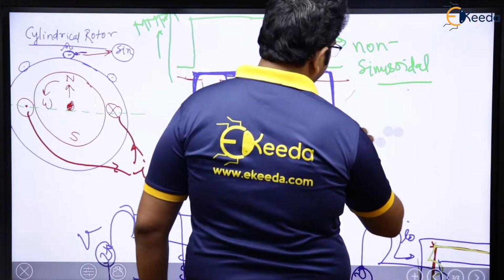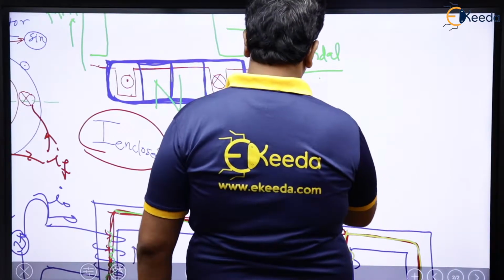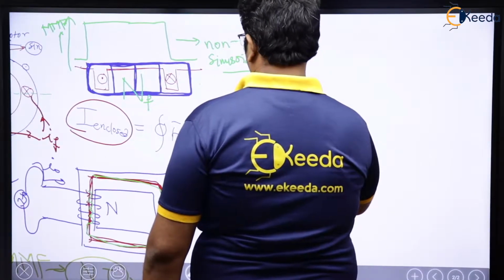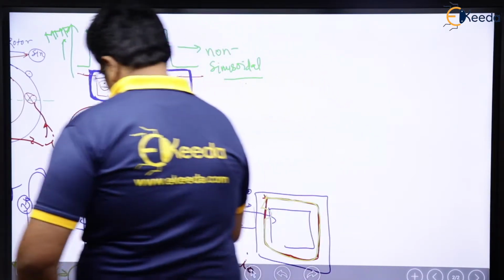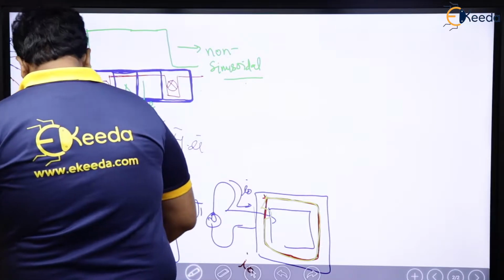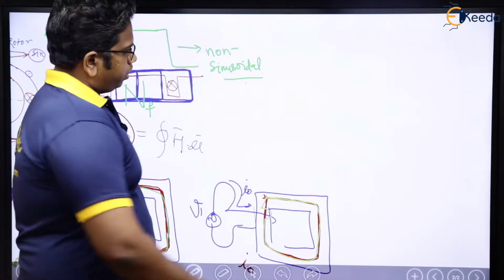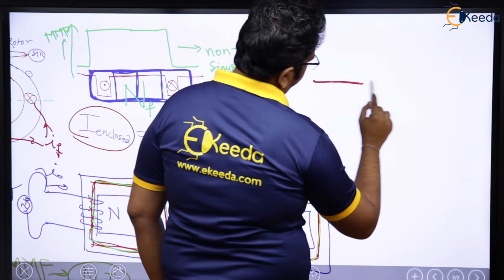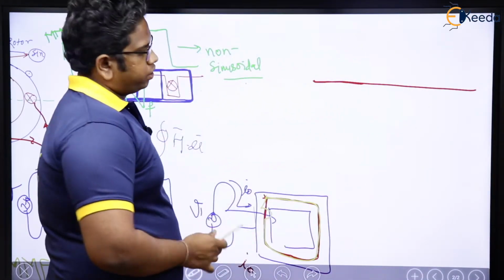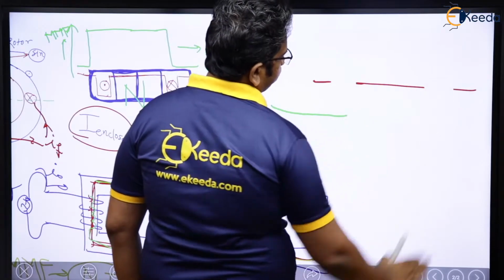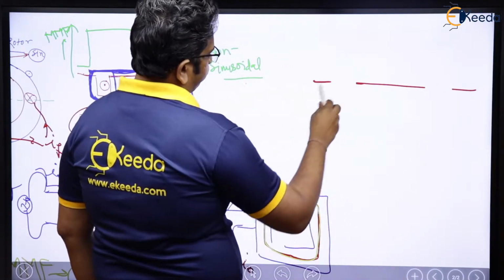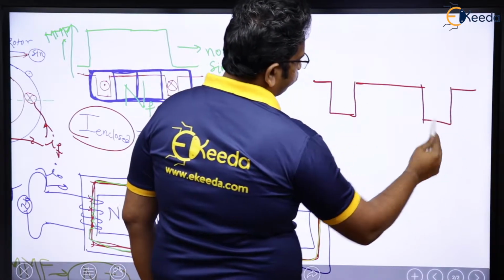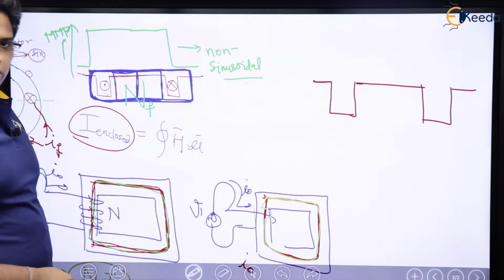Let me just show it here. In a practical rotor, let us say this is the rotor, in a linear way. So here I will have slots. Let us say those two slots, the same two slots I am having.